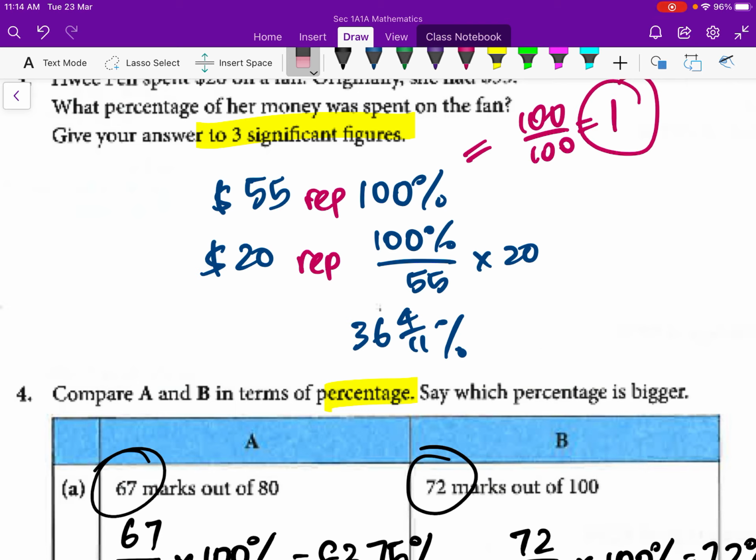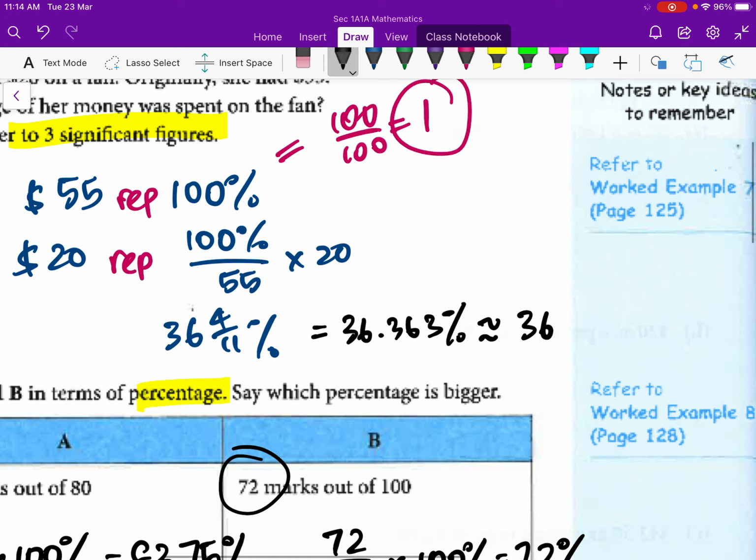This is equal to 0.3636, right? 36.363%. Then you round it off to become 36.4%. Need to round off because they said 3SF. Okay, thanks for pointing it out. Teacher also can make mistake. Genuine mistake.